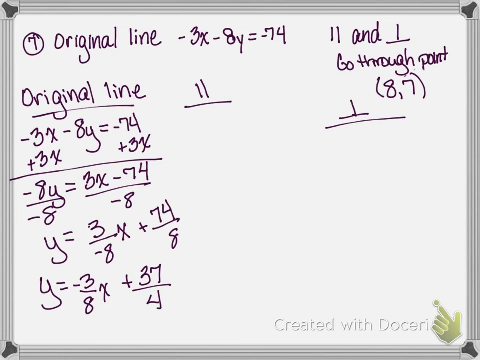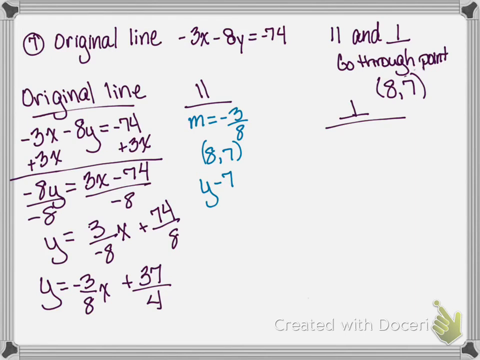So my parallel line is going to have the same slope as my original line. So I am going to have a slope of negative 3/8, and it's going to go through the point 8, 7. Okay? So I've got y minus 7.